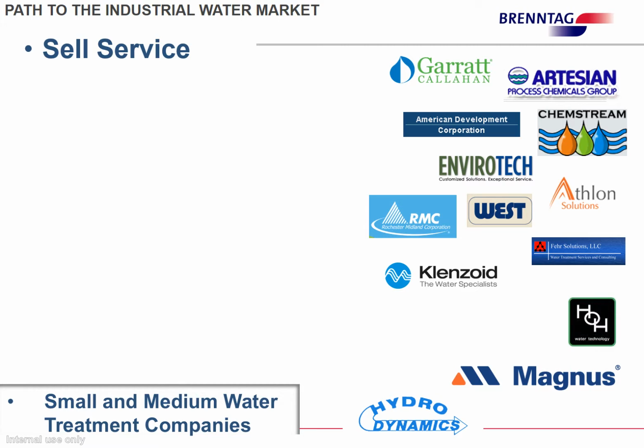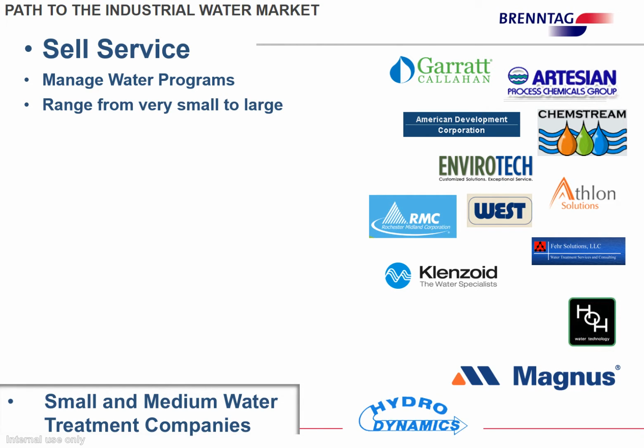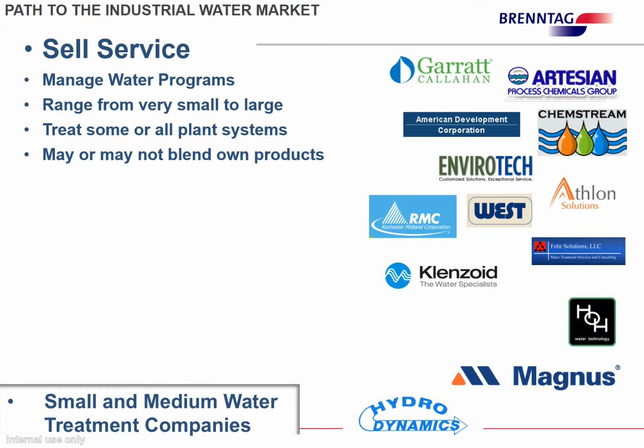They check to make sure the chemicals are correct in the boiler, correct in the cooling tower, and make sure the correct dosage rates are going into the polymers in the wastewater treatment plant. They'll manage the water programs. They range from very small to very large. They can treat some or all of the plant systems. They may or may not blend their own product, depending on their size.